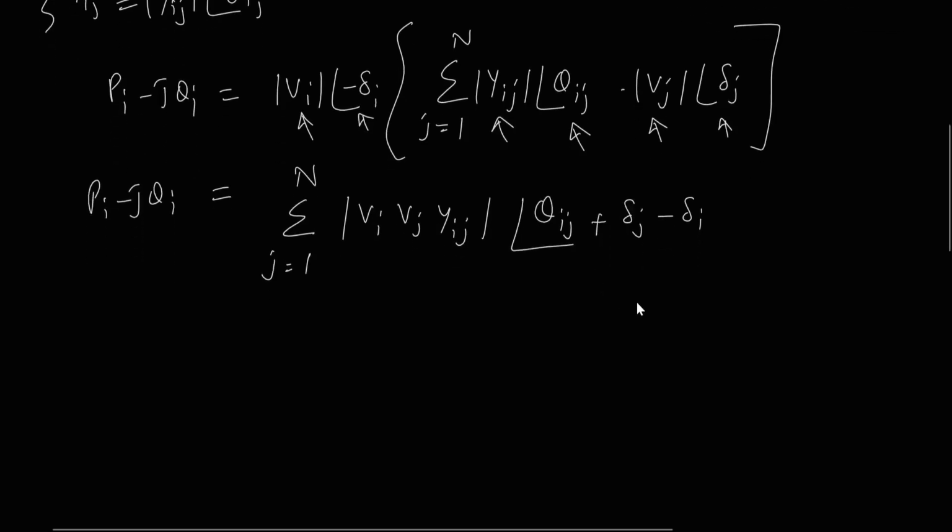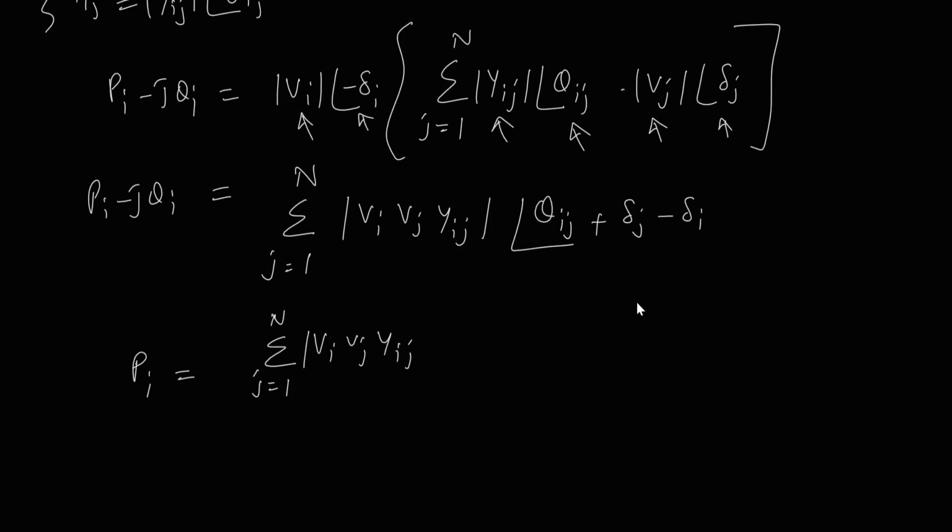So this is Pi minus jQi. Now if I want to write separate equations for Pi and Qi, then Pi is equal to the cosine term, the summation j equals 1 to n of Vi Vj Yij cos of the angle theta ij plus delta j minus delta i, which is the real part.